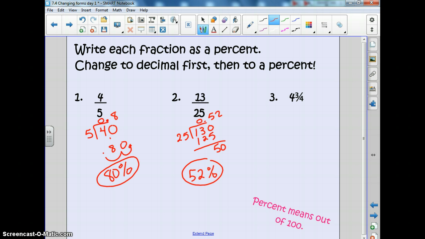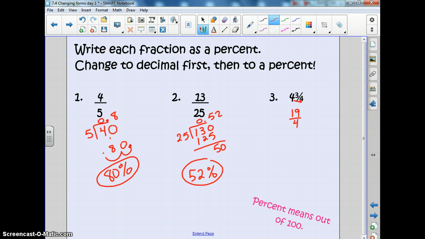Okay, a couple ways I could do this one. I'm going to change it to an improper fraction first, just to make it the same as the rest of them. So to make this into an improper fraction, I would take 4 times 4, which is 16, plus 3, 19 fourths.